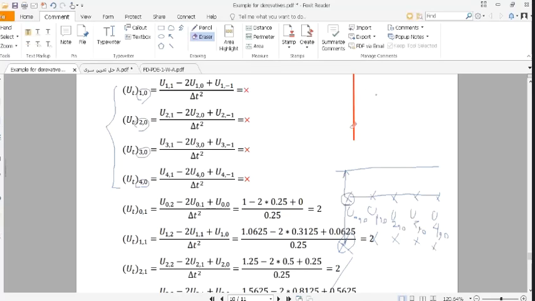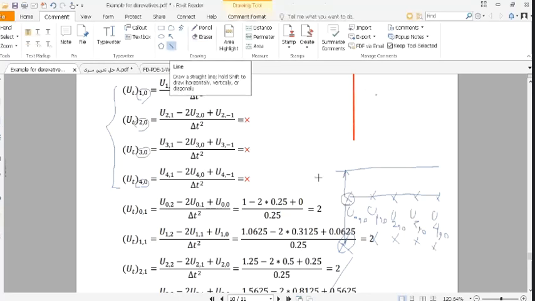Okay. For the next row, the t is 1. And for this row, the points are as follows: u 0 and 1. The next point, we have u 1 and 1.